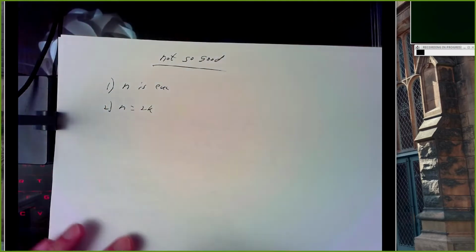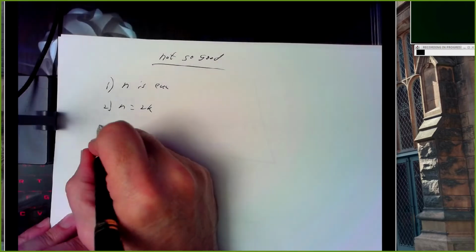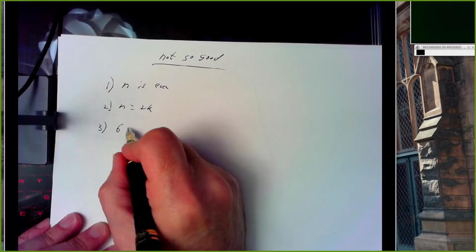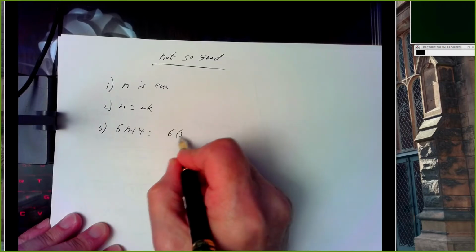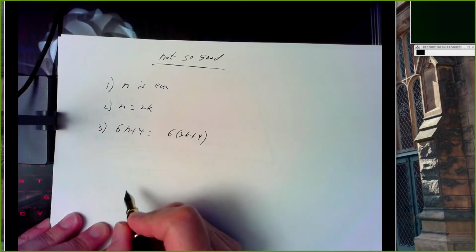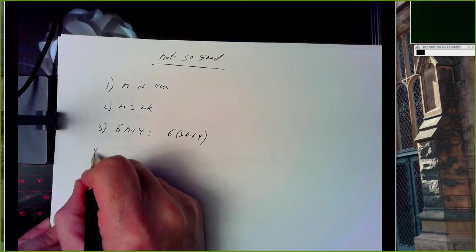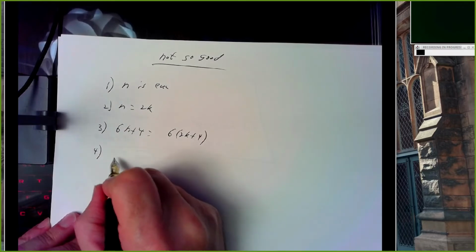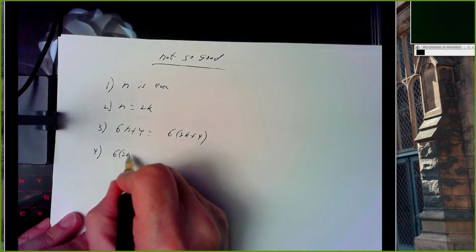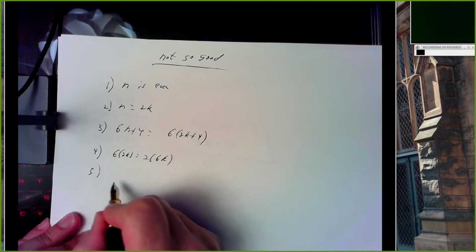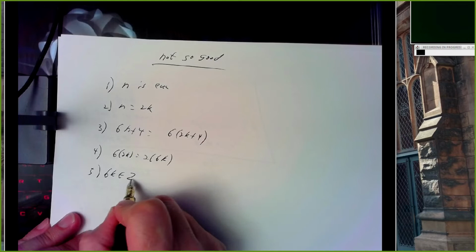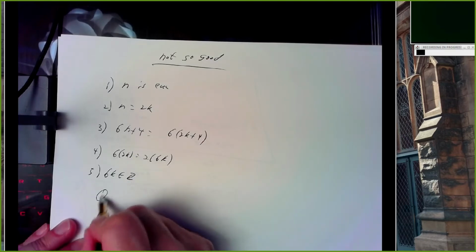I'll skip the reasons over here. n equals 2k. 6n plus 4 equals 6 times 2k plus 4. 6 times 2k equals 2 times 6k. 6k is contained in integers. QED.